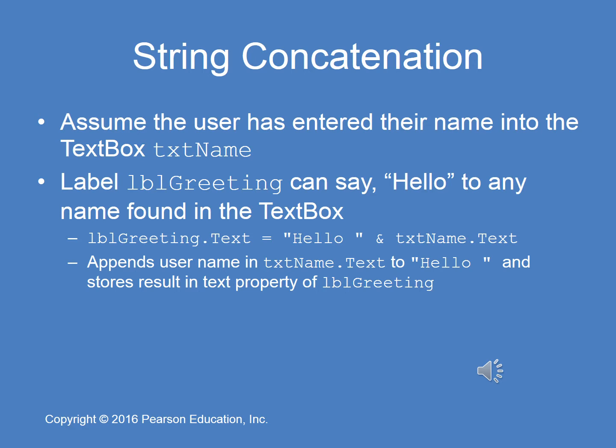And that gets assigned to the text property for label greeting. And there is the line of code that accomplishes this task. It appends the username stored in text name.text to hello space and stores the results in label greeting's text property, which in turn displays on the screen.